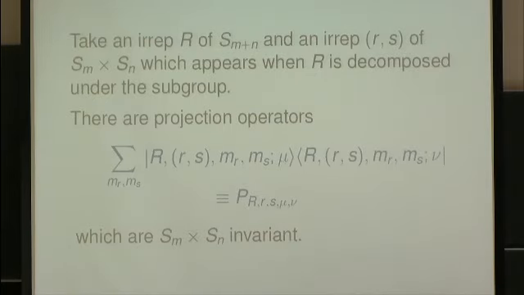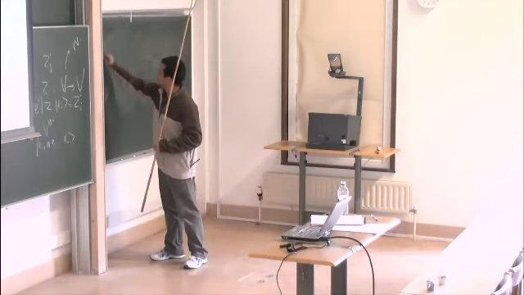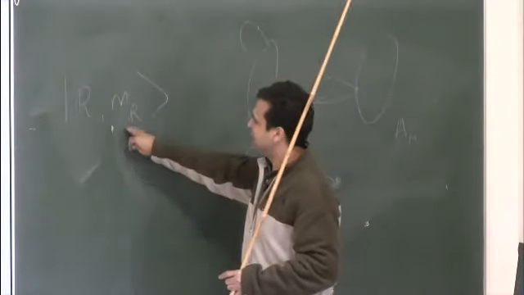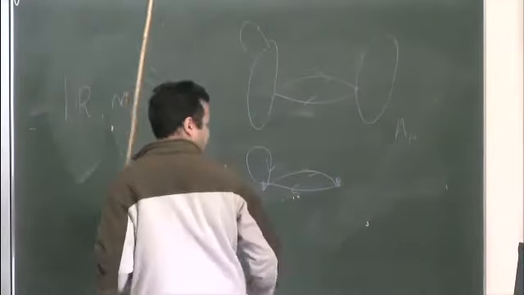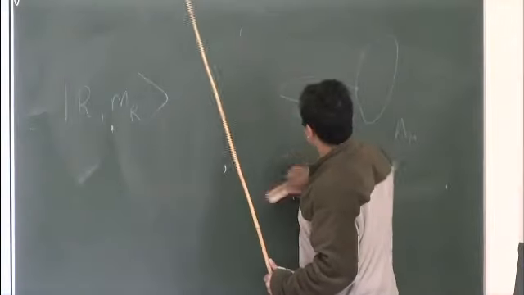Now, given a group and a subgroup, and given representations of the group and the subgroup, you can ask, suppose I have representation R and I have a state, well, a general state will be some state label in the representation. Suppose I wanted to look at the space of states in terms of the subgroup.